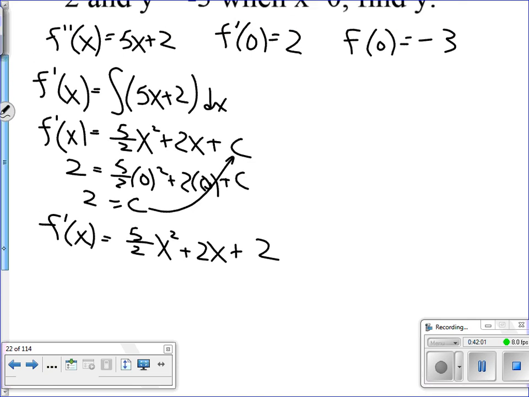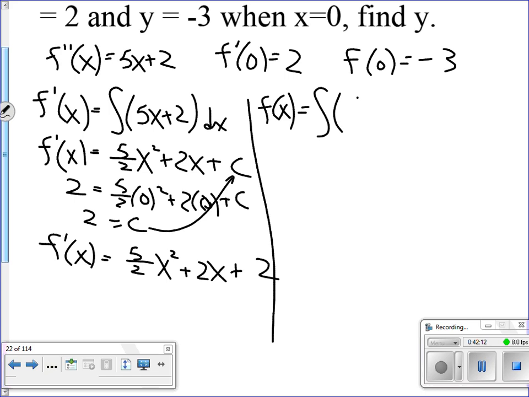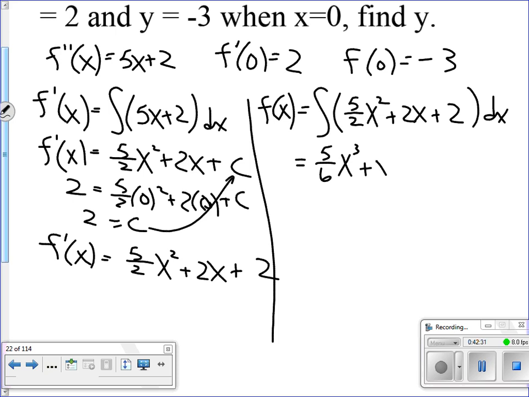Now we take the antiderivative of that to get the function. So 5 halves x squared, we add 1 to the exponent, that's x cubed, so we multiply by a third. So 5 sixths x cubed, plus we have x squared plus 2x plus c.